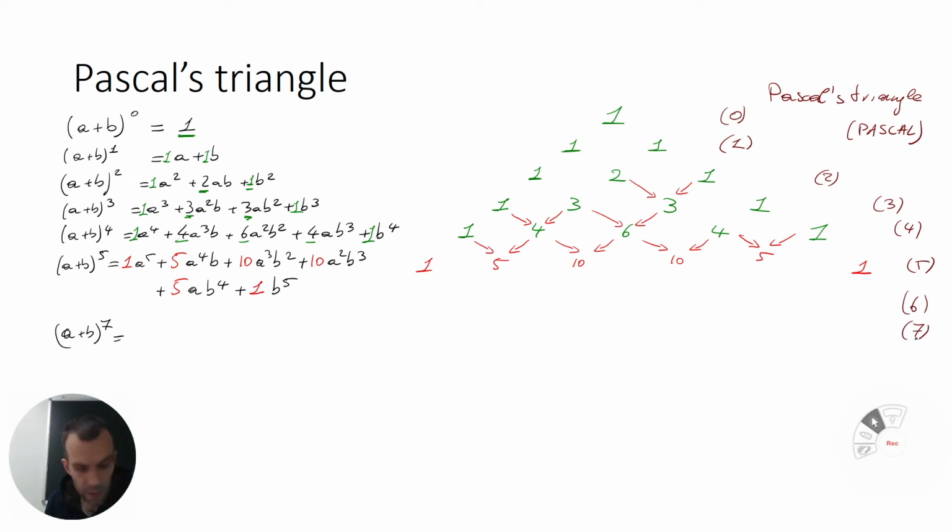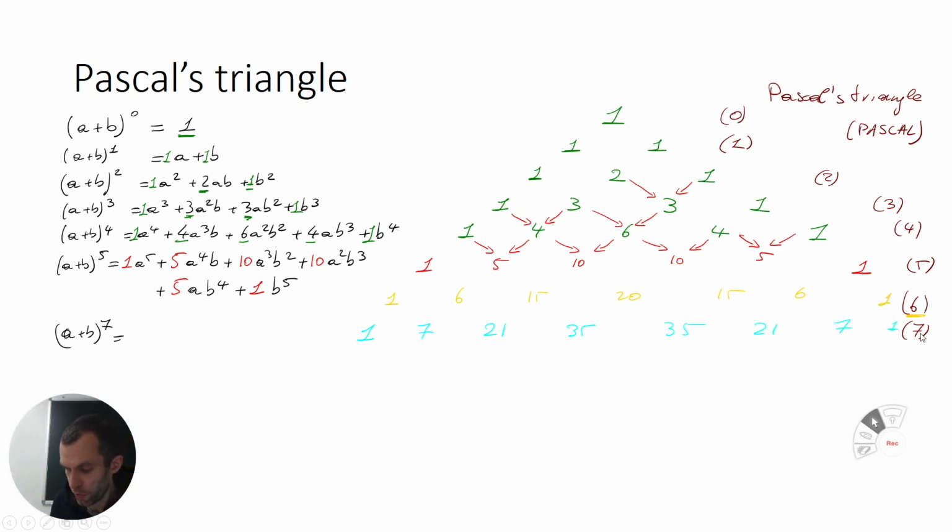And if you fill that out, you will get 1, 6, 15, 20, 15, 6, 1. That's for power 6 here. And 1, 7, 21, 35, 35, another 21, 7, and then another one here for layer number 7.